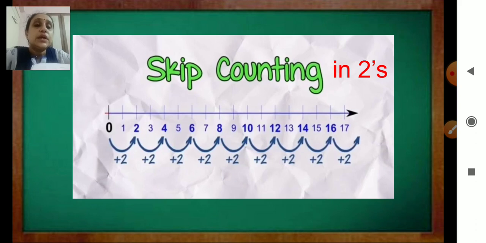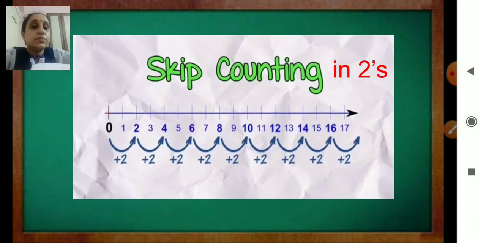Now look here, skip counting in twos. See the number line. Now check, from 0 we are starting. So how are we going on? From 0 you have to add 2 more for skip counting in twos. Okay, we are adding plus 2, plus 2.